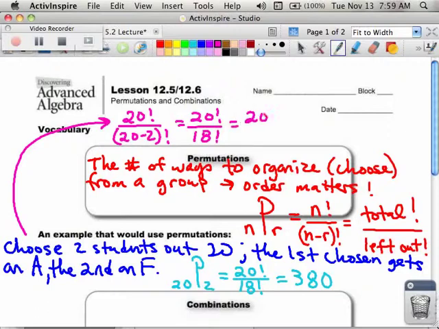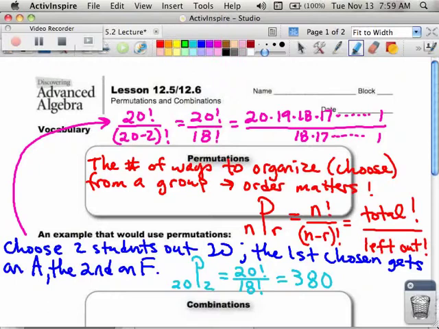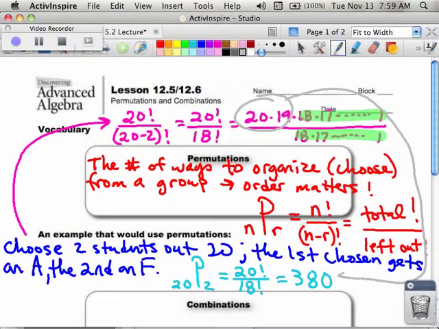As we wrote on the board, that's 20 times 19 times 18 times 17, and it keeps going until it gets to 1. Down below you'll see 18 times 17 times, and it keeps going until it gets to 1. Everything on the top and the bottom from 18 down cancels out. So what you end up with is 20 times 19, which is how we got 380.